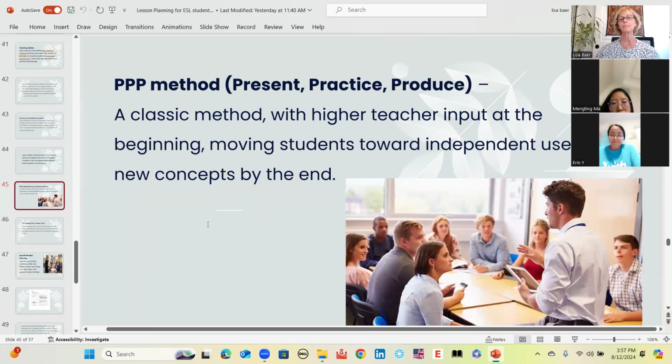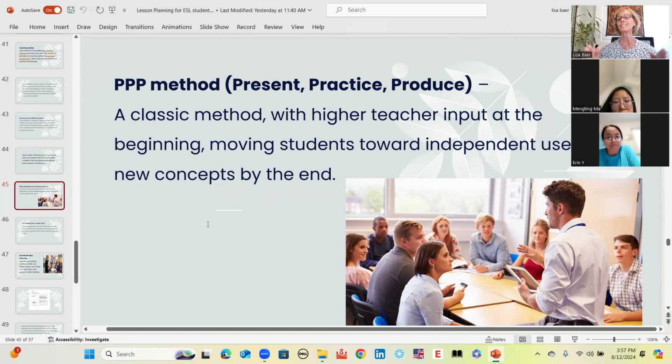So this is some methods, the PPP method, and this is a tried and true method that people use. You present, you practice, you have them produce. The PPP is very widely used. So a classic method with higher teacher input at the beginning, which is you present. And that's probably true with everything.